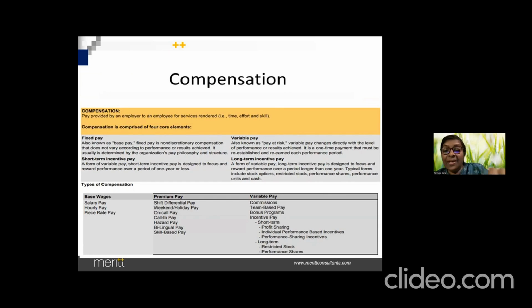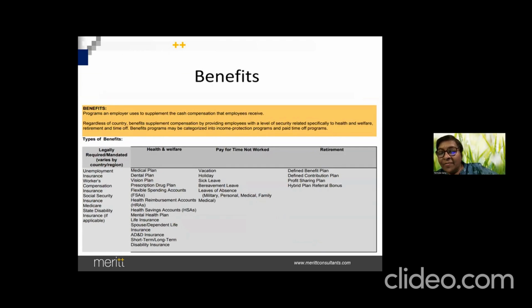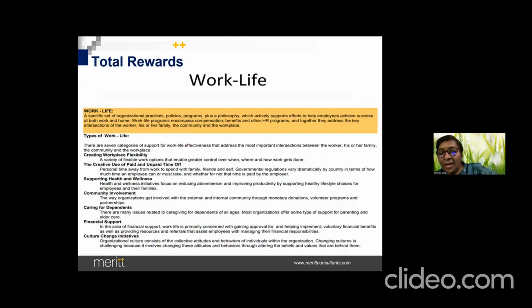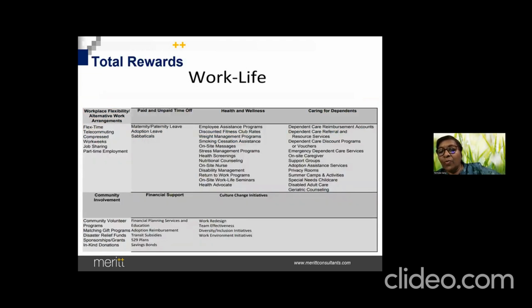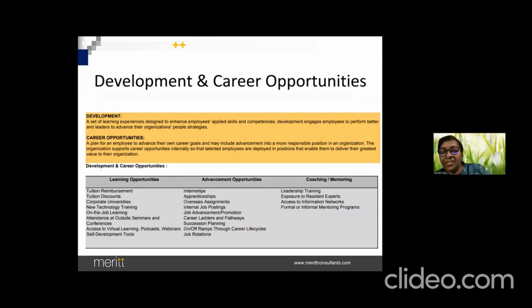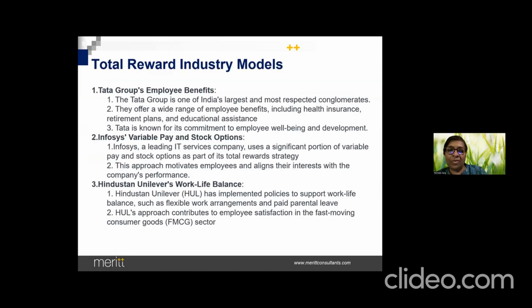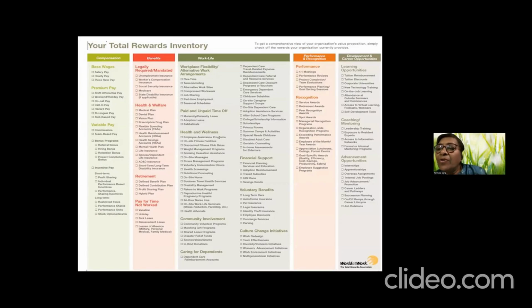Okay. So for example, I've given a list of items in compensation, benefits, work life, a list of things organizations can do. In fact, I sent you this document. You can actually tick, hey, what is my organization doing? Now, are they doing it in isolation, or is there any kind of integration? If they're giving an essential benefit, how does it impact the other things?